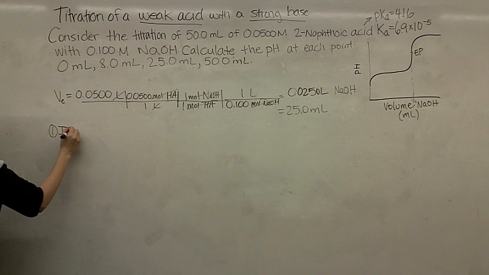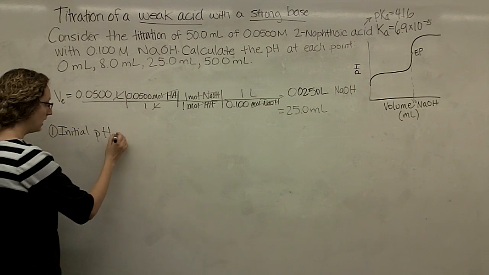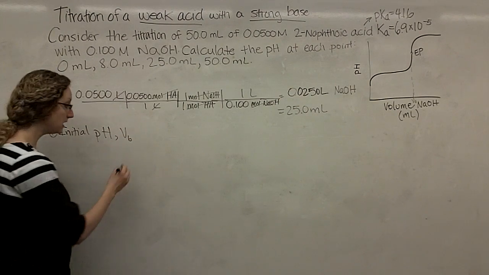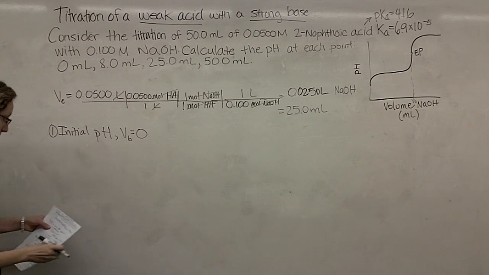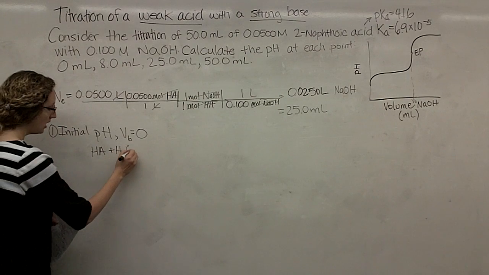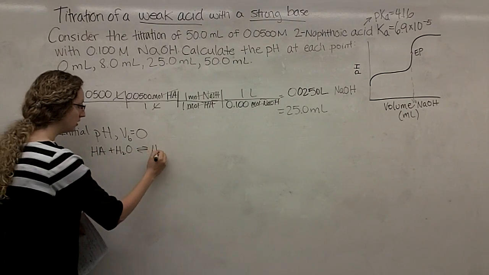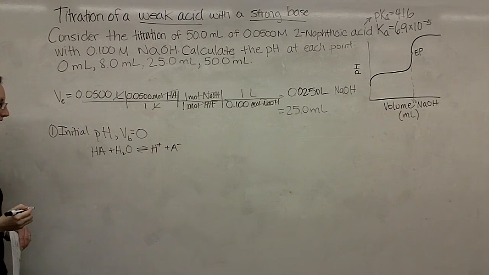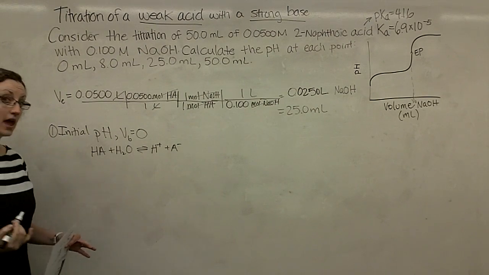The initial pH is when the volume of your base, V sub B, equals 0. You have your acid in water, and because it is a weak acid, it partially dissociates, giving you this equation here. Because it partially dissociates, think Ka.